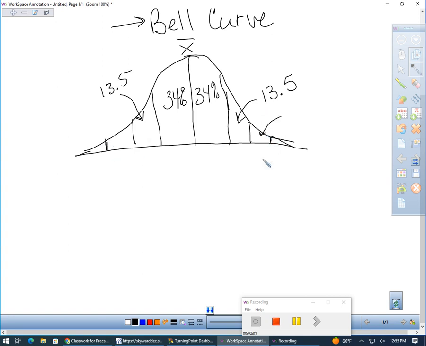This section right here is 2.35% of the data, and the same on this side, 2.35% of the data. And you'll see we have these other little tails right at the very end. On each side, that's only 0.15%. So if you were to add all those percents up, it comes back to 100%.